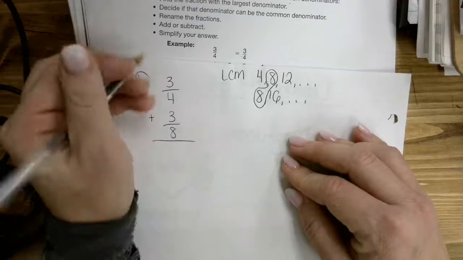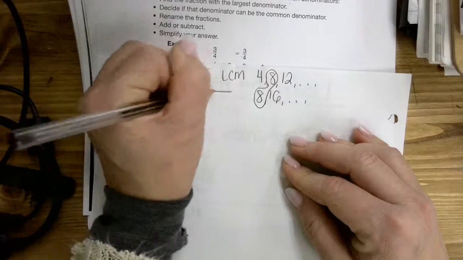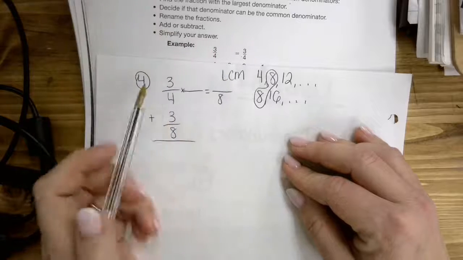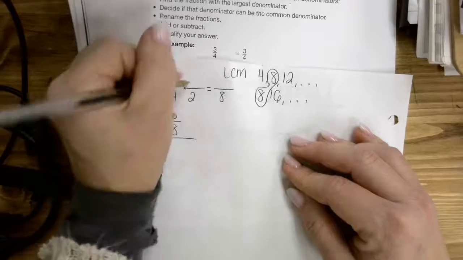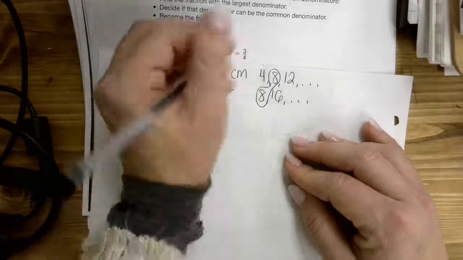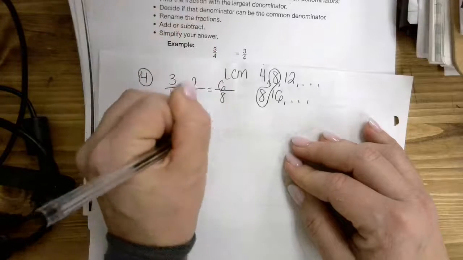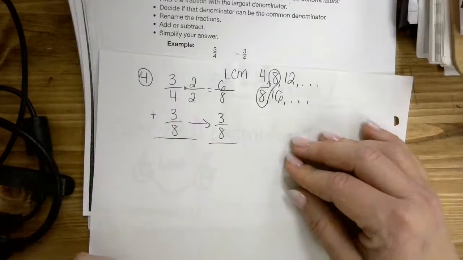because I only need to change 3/4. So I'm going to ask myself mentally, what times 4 gives me 8? So 4 times 2 gives me 8. So then I multiply that 3 by 2 as well. So 3 times 2 is 6. And then I'm going to scoot my 3/8 over. And this is an addition problem.